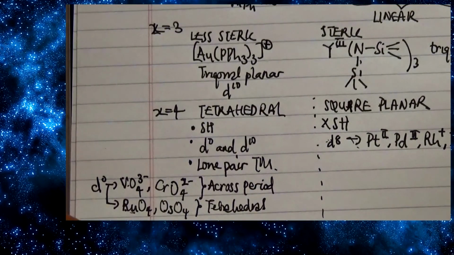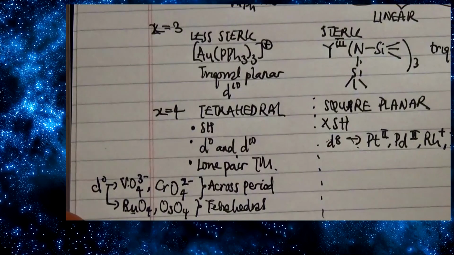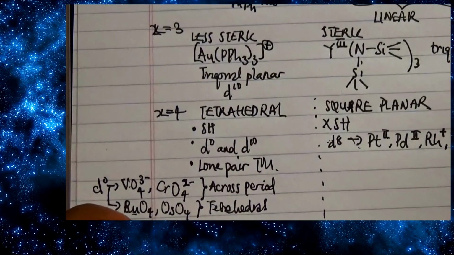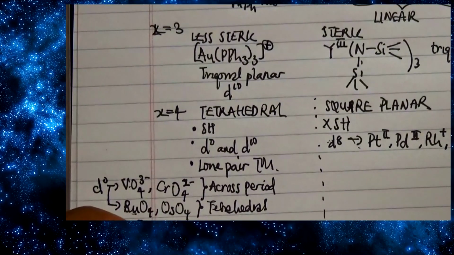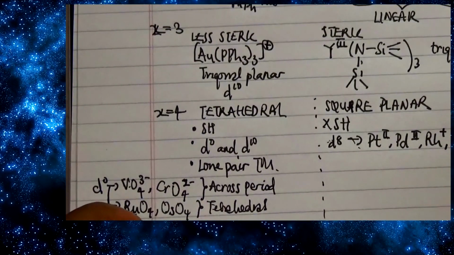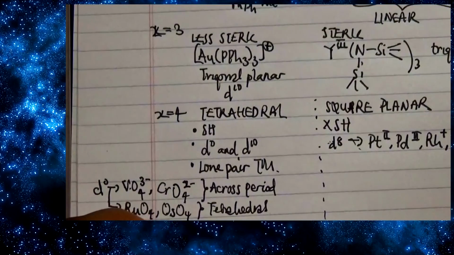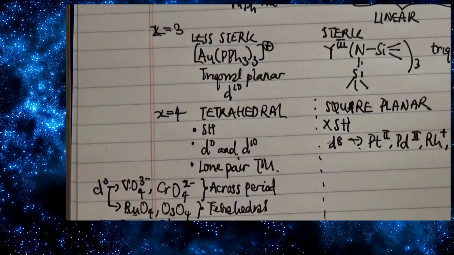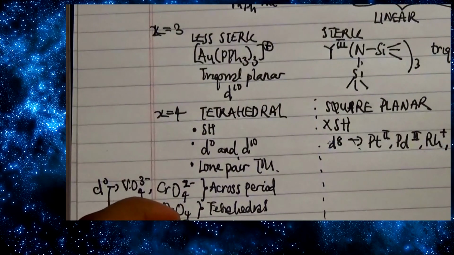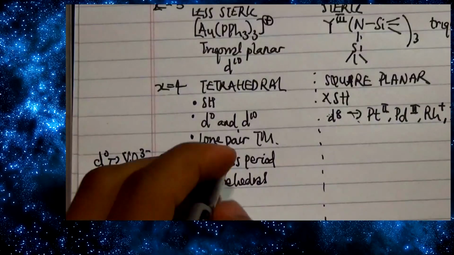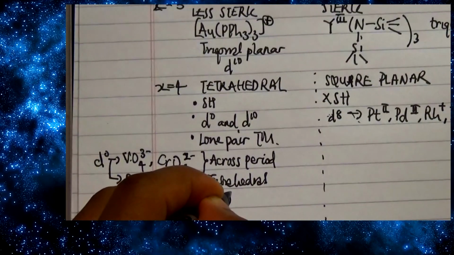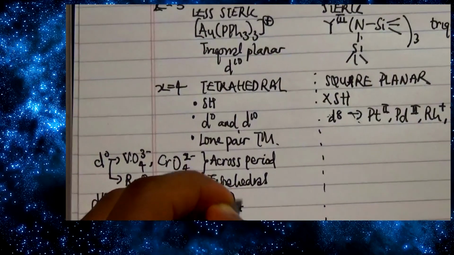Now, last one in here we're going to look at is the D10 example, and D10 example includes the likes of copper 1 losing 1 electron to go from D11 to D10, and you have 4 ligands attached to it, and this has an overall charge of plus, and the other side we have that of nickel, which has an overall charge of 0 but is interacting with carbon monoxide, which is 4.